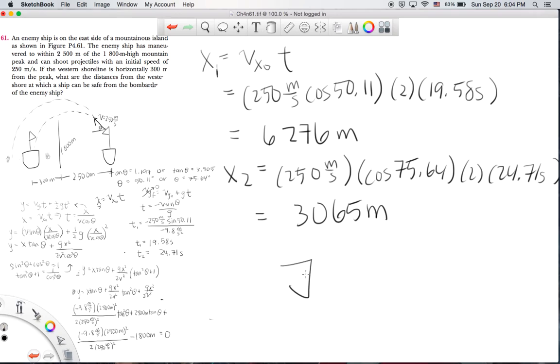So if this is the enemy ship and that's the mountain, it tells us the total distance from the ship to its landing point. But what we want to know is this distance. When we subtract the shore, which is 300 meters, and subtract how far away the enemy is from the peak, which is 2,500 meters.